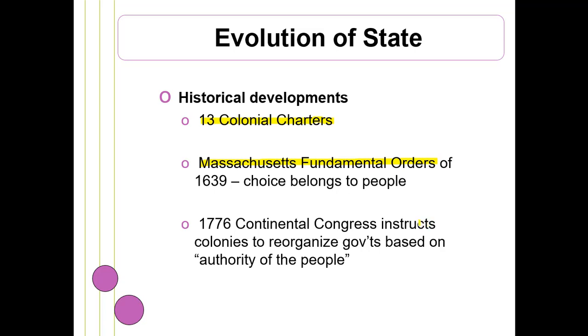So there was quite a bit of democratic development going on quite a while before our Constitution. The Continental Congress, at the time of the Revolutionary War, instructed the colonies to reorganize their governments based on authority of the people. So they were, again, rebelling against the British Empire and wanted a system that was not going to be a monarchy.